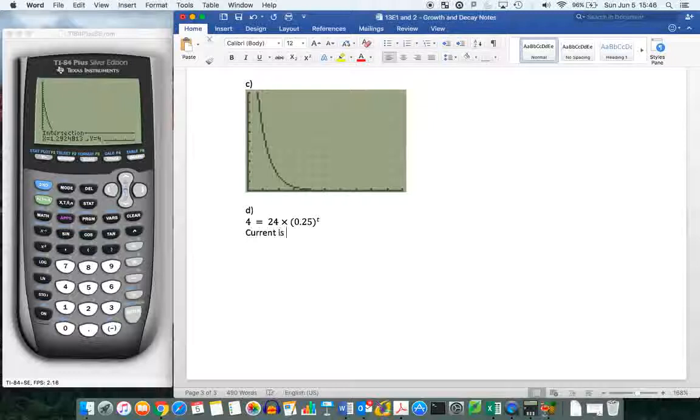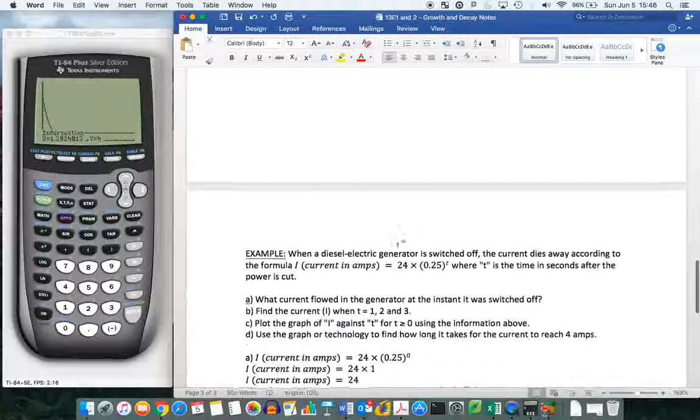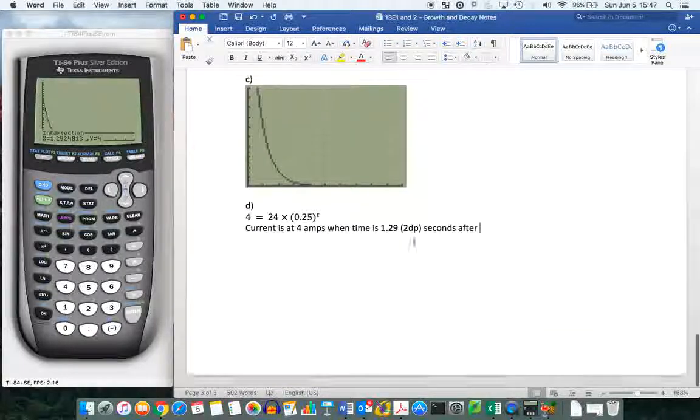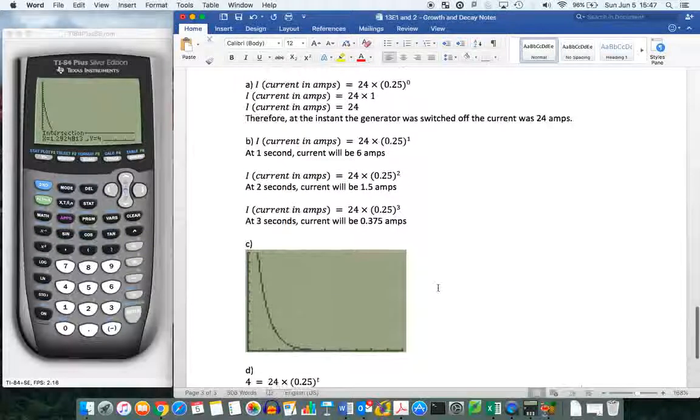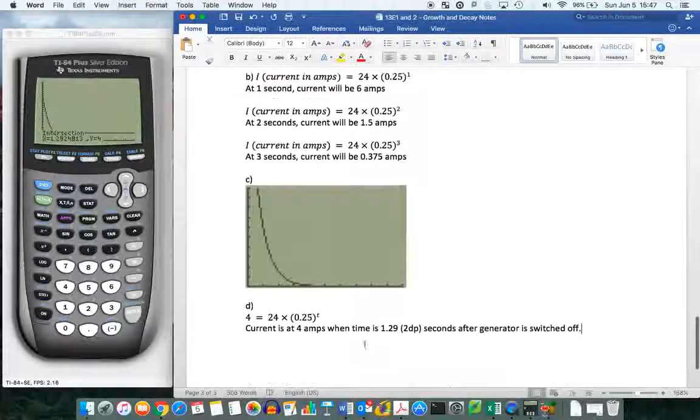Current is at 4 amps when time is 1.2924... to 2 dp seconds after the generator is switched off. So that is another example, this time solving a decay question.